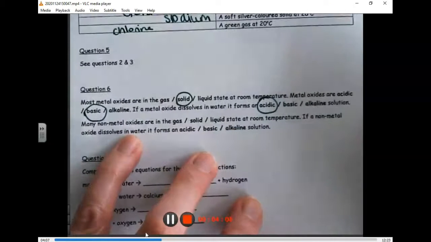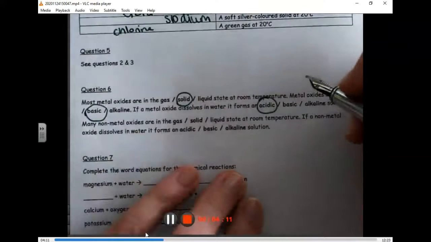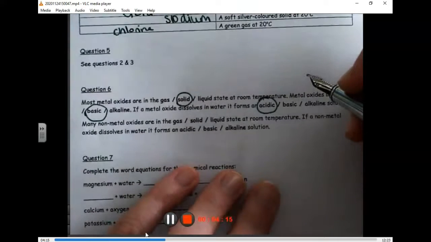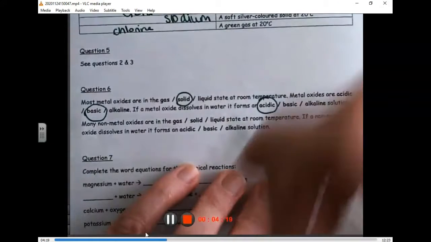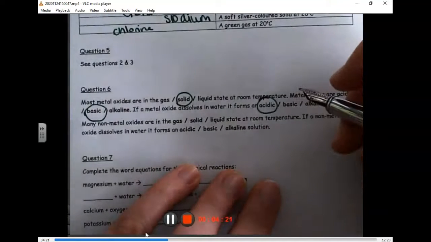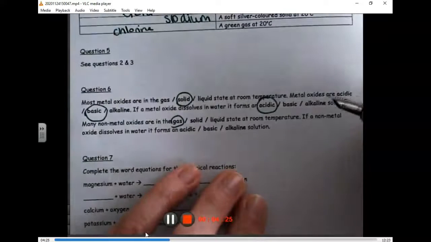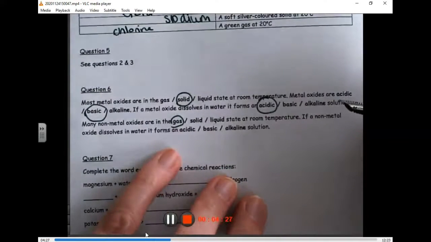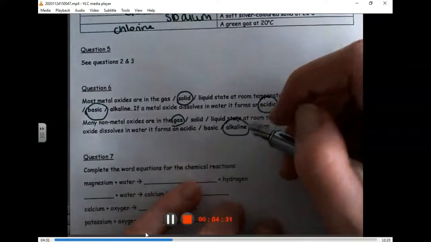Many non-metal oxides are in the gas state at room temperature. If the non-metal oxide dissolves in water, it forms an alkali solution.